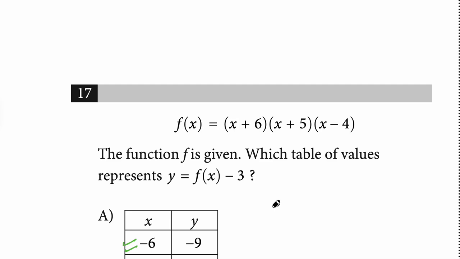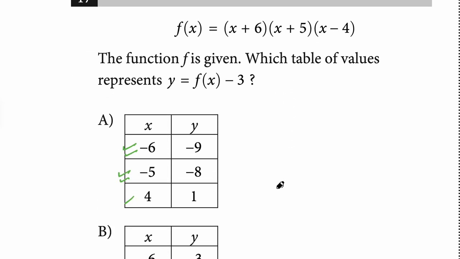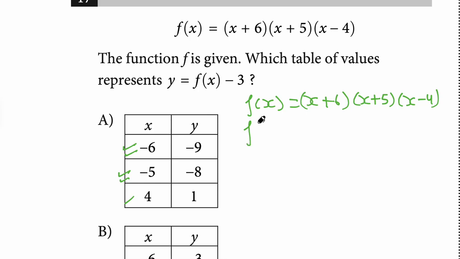Now, as we know, there are multiple ways of doing the questions. So one way is like, I'll plug in the values. Let's start from here. F of x is equal to x plus 6 times x plus 5 times x minus 4, and the first of the inputs is negative 6.